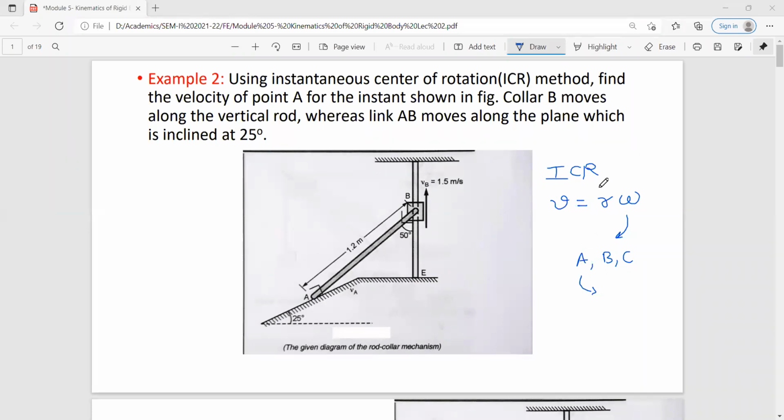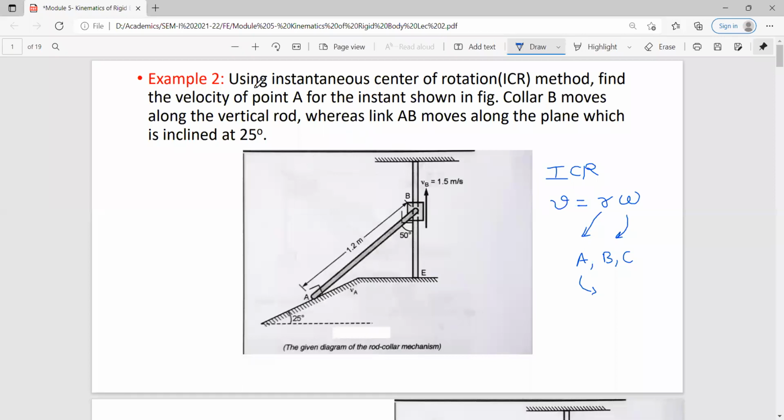So it becomes important to find out the ICR. Once you know the location of ICR, you can easily calculate the radii of different points. So the same is given here, this arrangement.